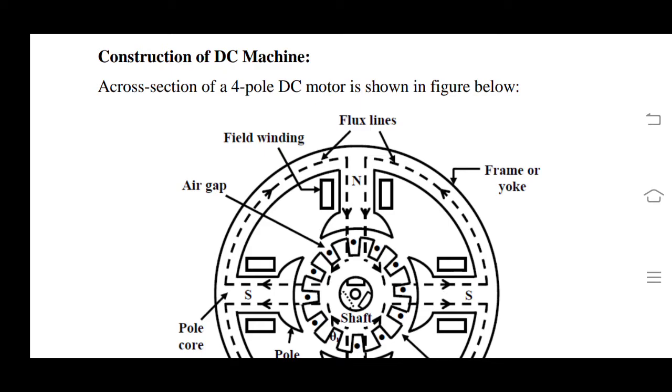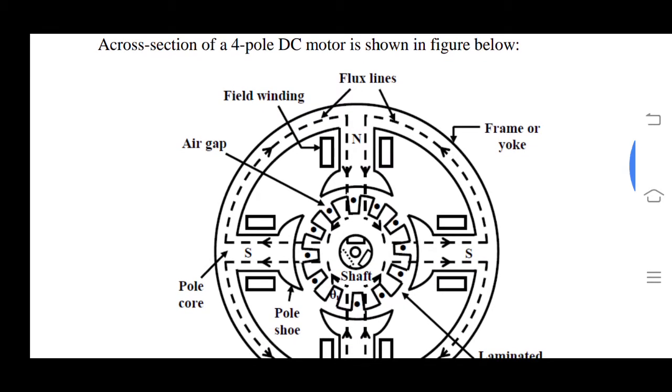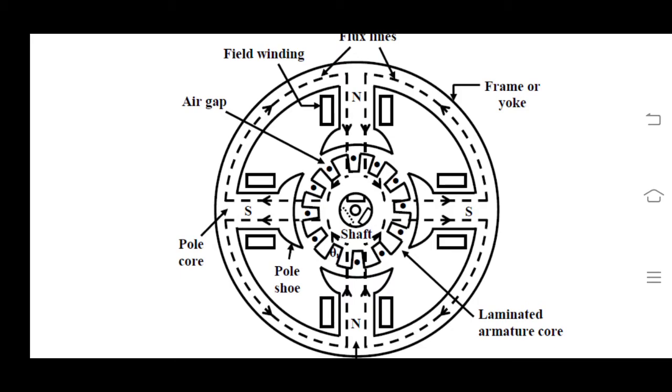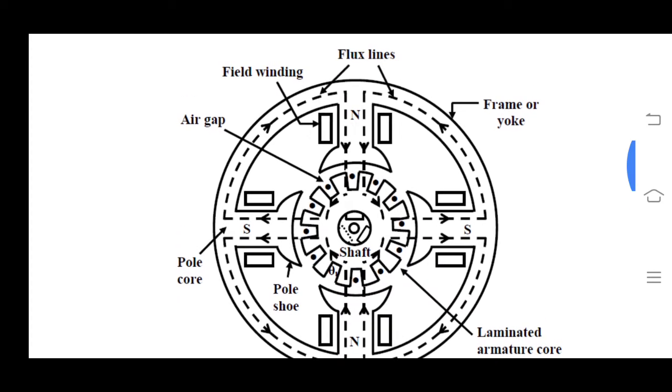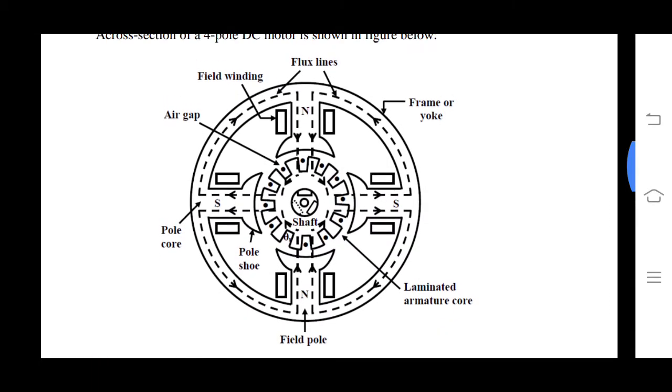So now, construction of DC machine. A cross section of a 4-pole DC motor is shown in the figure below. So see the diagram and draw the diagram.